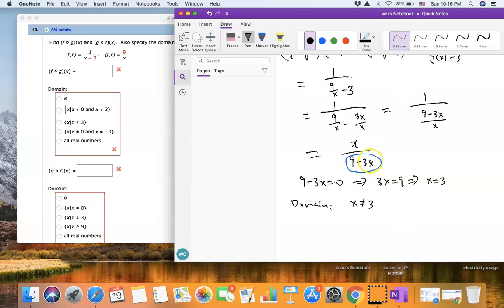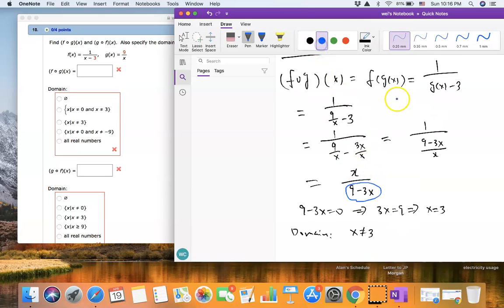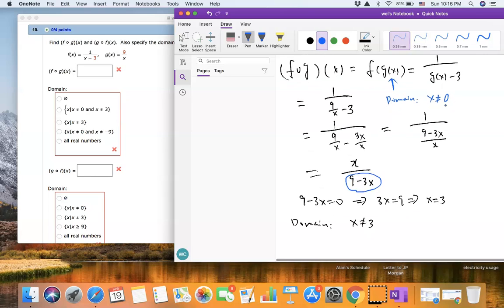And then let's look at the domain of the inner function. The inner function is 9 over x. Because when x equals 0, this function is undefined, the domain of the inner function is any number except 0.